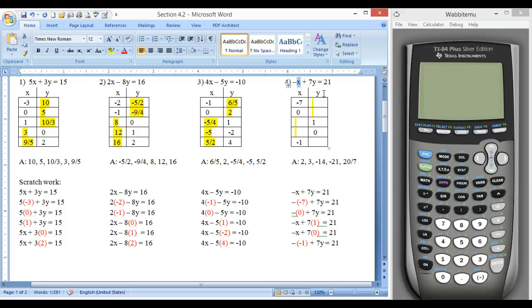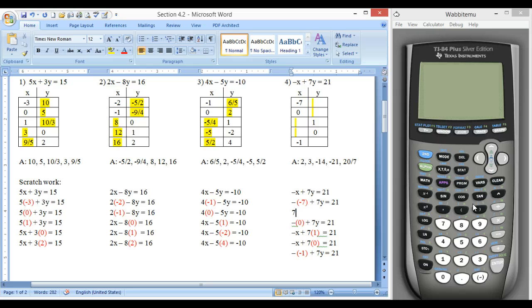So I need that negative 7 put in there, which makes it negative times negative 7, which makes that positive 7. Another way of thinking about it is putting the coefficient 1 here so that you can remember that it's like negative 1 times x. So that would be negative 1 times negative 7, which makes it positive 7.